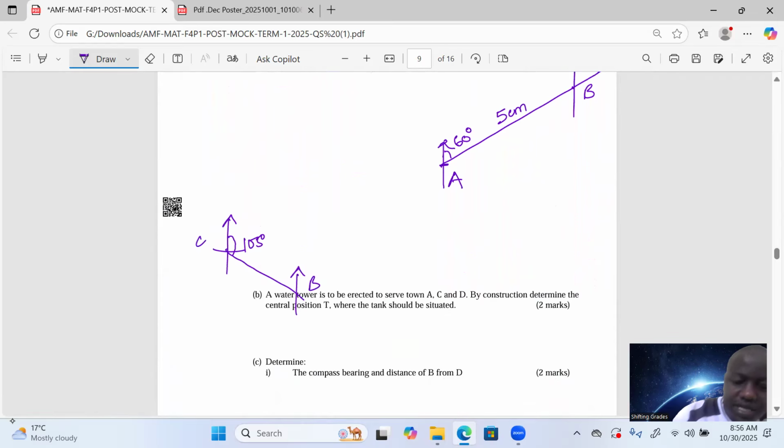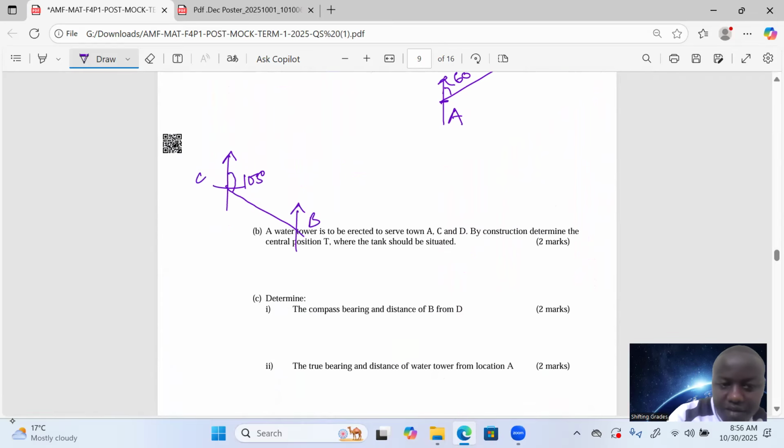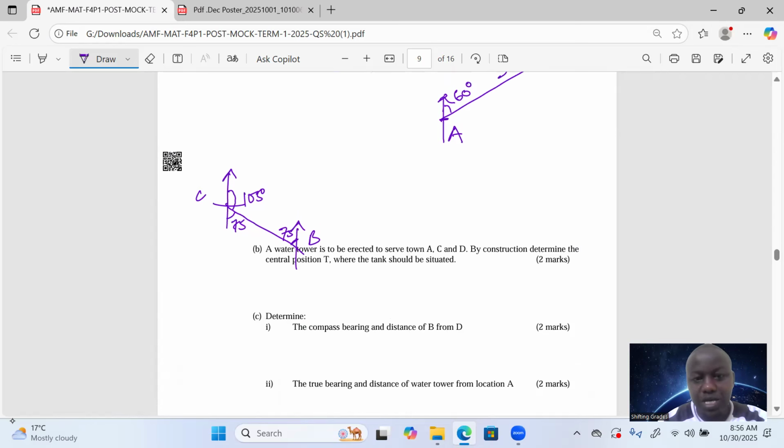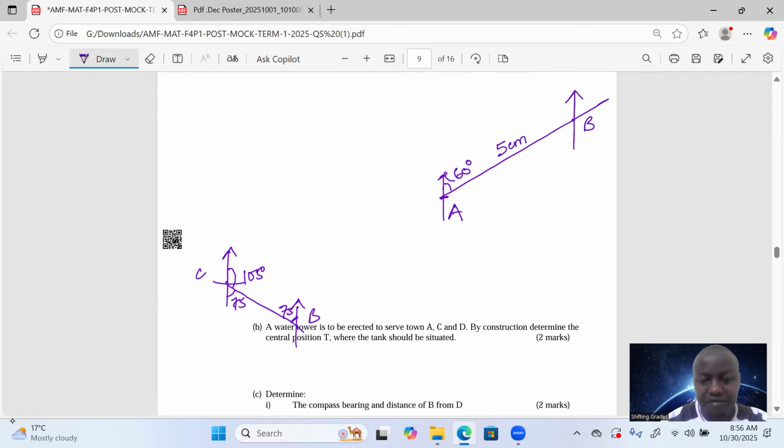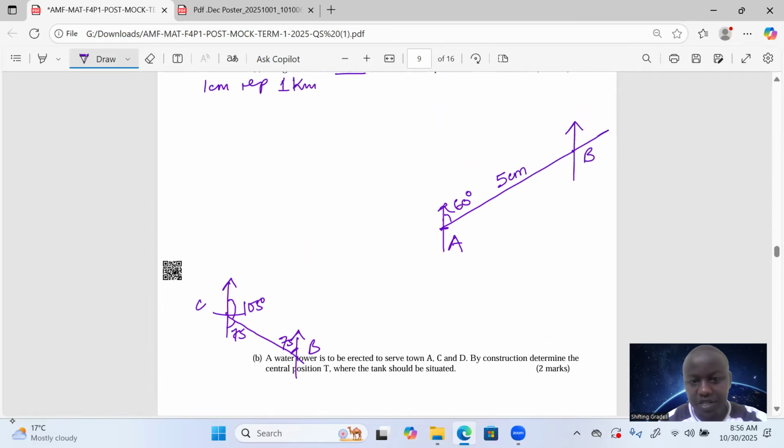If this was C, you need 105, meaning that with 105, you've remained with 75 here. And after connecting them, you also get 75 at this point. You also get 75 as the angle at that point, meaning that now, while at B, you need to measure 75 northwest. You need to measure 75 at that point.